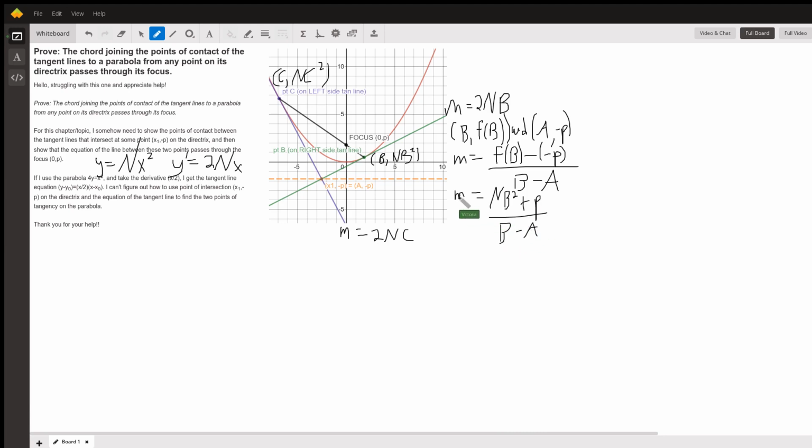Now, this slope and this slope must be the same because they're describing the same line. And so I can set these two slopes equal to each other and have that 2nb equals nb squared plus p over b minus a.